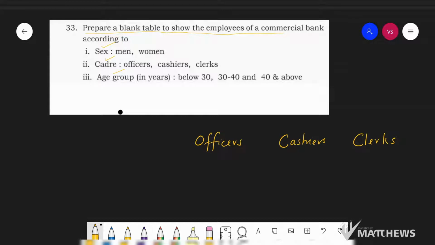Okay. And now, among the remaining two, that is sex and the age group, I take age group as the stubs, students. I take age group as the stubs. So it would be like this. Below 30 is one row. Then we have 30 to 40 as another row. Okay, another row.